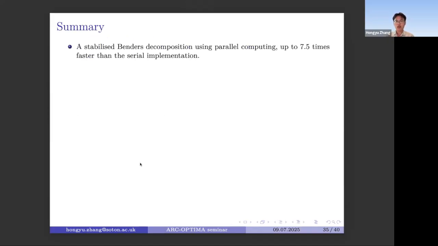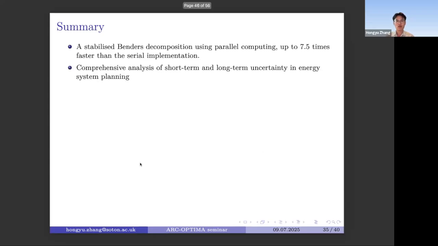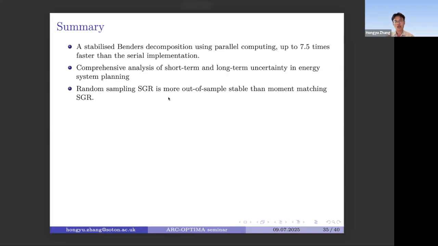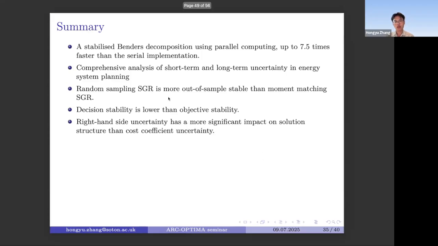So in summary, we propose this stabilized parallel bundles decomposition, which is quite fast, and we analyze the multi-timescale uncertainty. We test different scenario generation routines, and we have some observations in terms of stability.